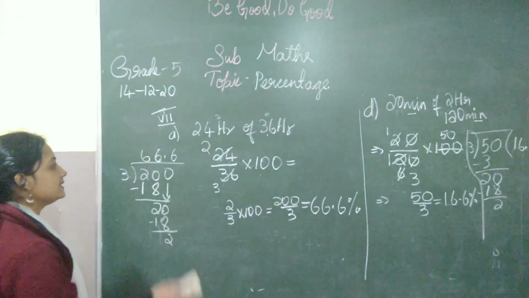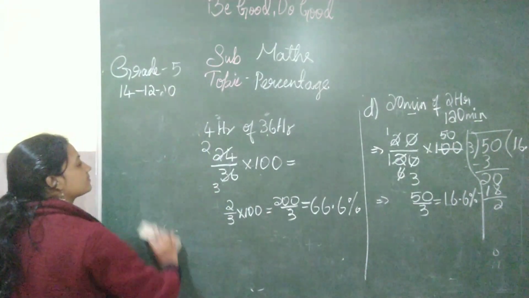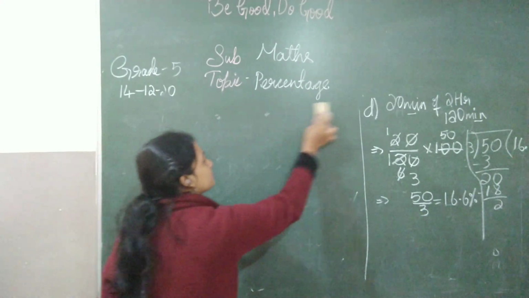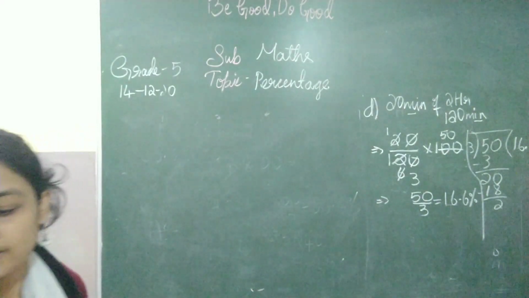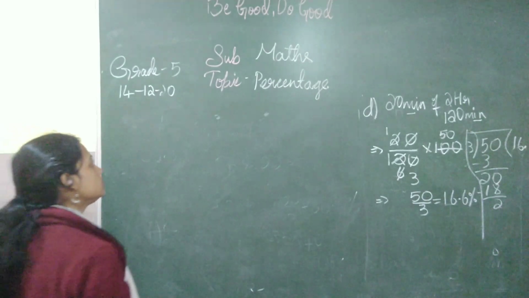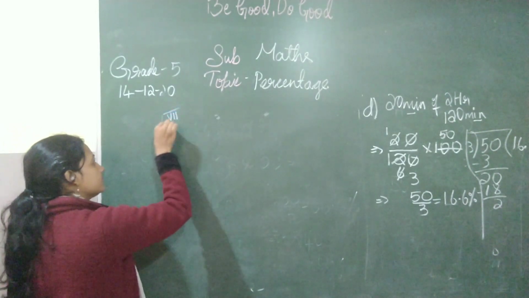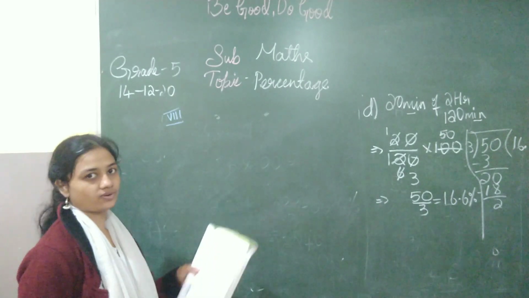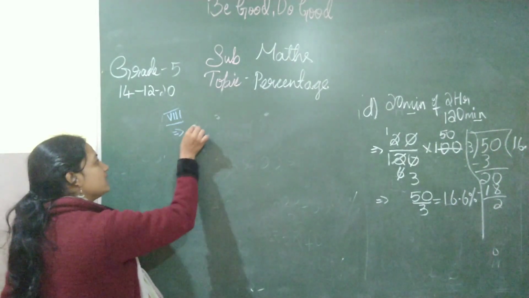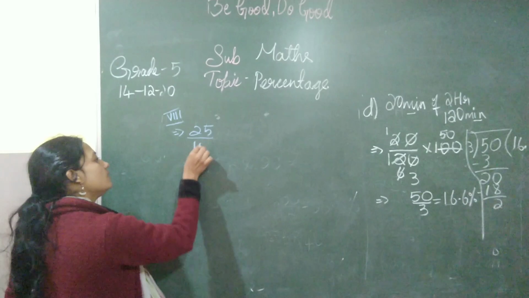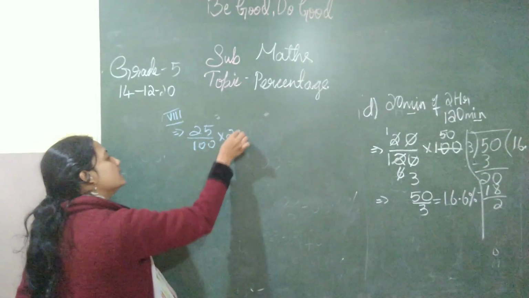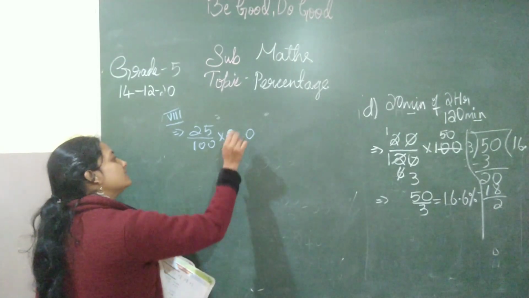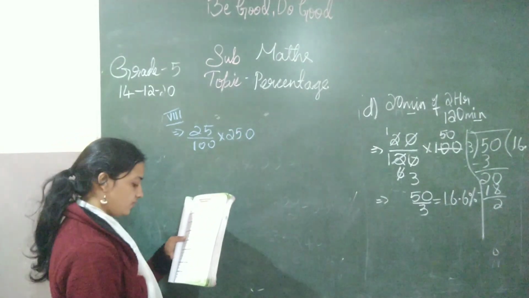Which of the following is greater? To say which is greater, first I should write the number of it. So first I should find 25% of 250.